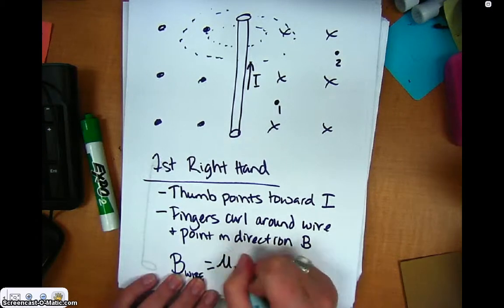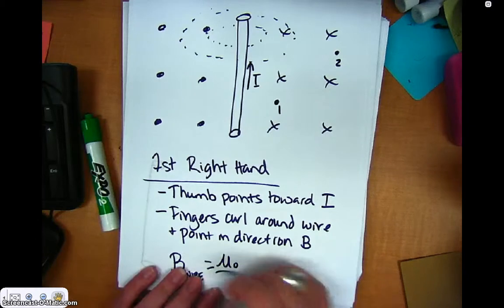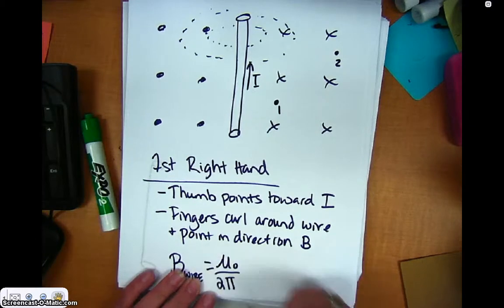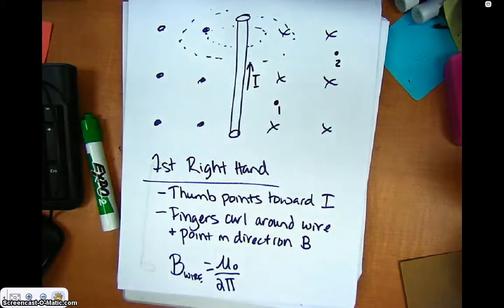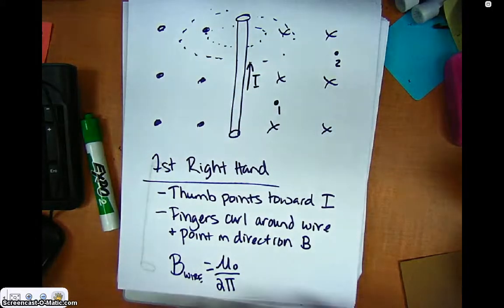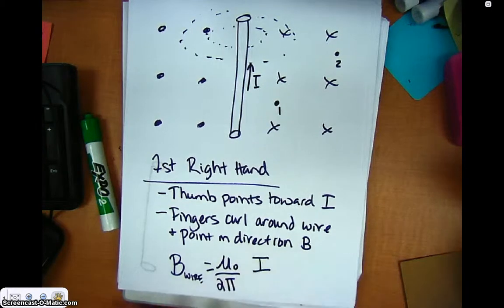It's called mu sub naught, which is called vacuum permeability, which is different from vacuum permittivity, but it's all about how easily an electric or a magnetic field is going to penetrate through space. And in this case, we say over 2 pi, and that takes into consideration this circular orientation of the magnetic field. And then what's really important is here that we have I, the current on top.